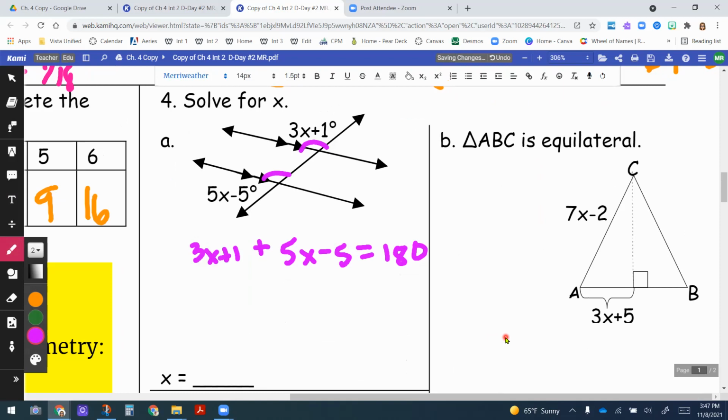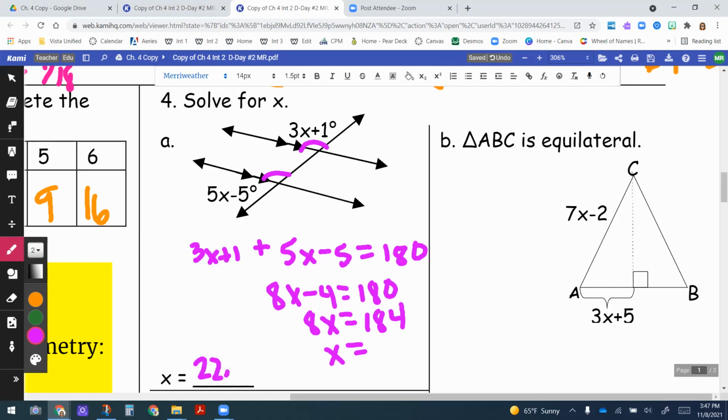And so I'm going to get 8x minus 4 equals 180. I get 8x is equal to 184. I divide by 8.